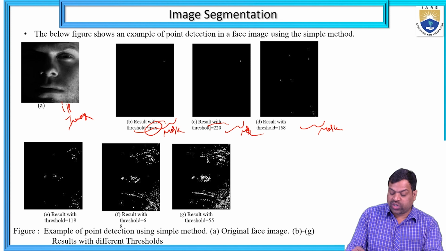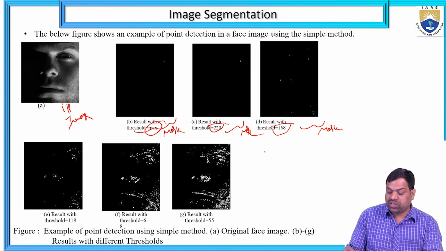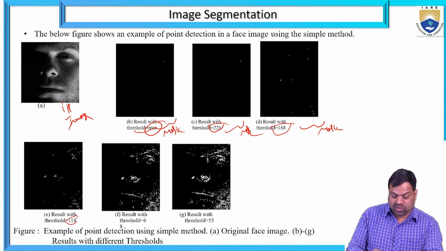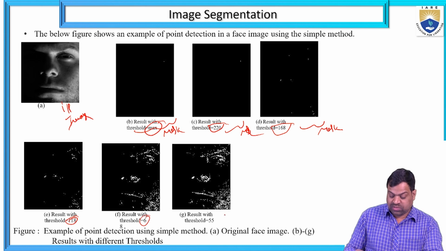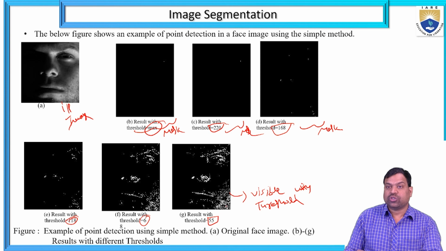I reduced it to 220. Visible? No. Reduced to 168. No. 118? No. 65 is somewhat visible. 55? Okay, the image is visible. So this is a thresholding value of 55.